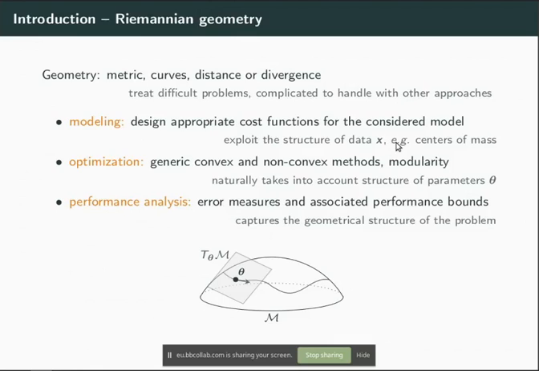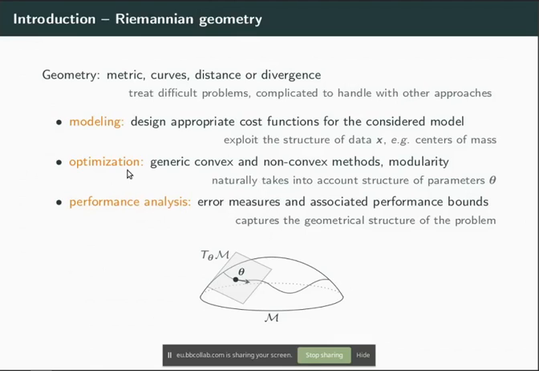And we can also use it to solve the problem, so to find the parameters theta of interest by using Riemannian optimization. And the advantage is that it naturally takes into account the structure of the variable that we seek.